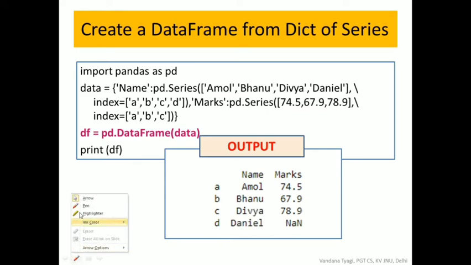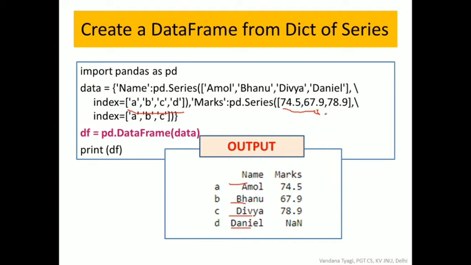Now there is one more thing you have to keep in mind: there are 4 indexes A, B, C, D when we are writing the names. So for names in A, B, C, D, all 4 names are stored. This is Anmol, Bhavya, Divya and Daniel. But when we talk about the marks, we have passed only 3 values.